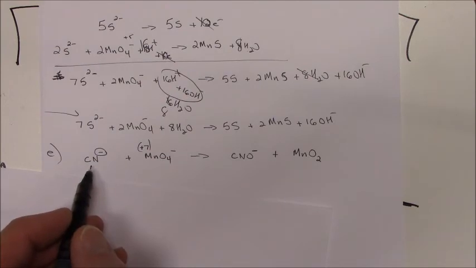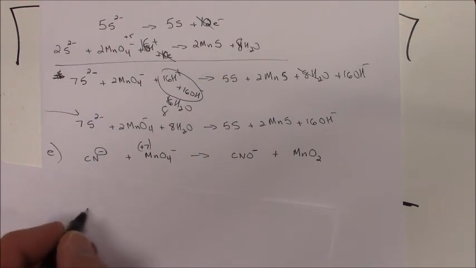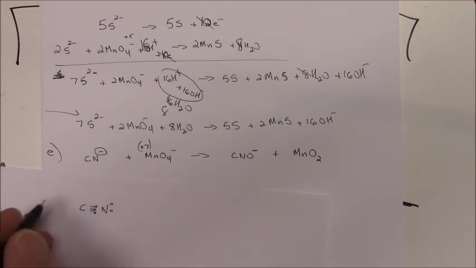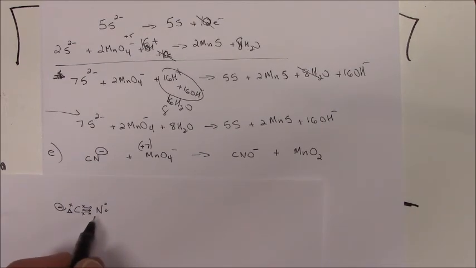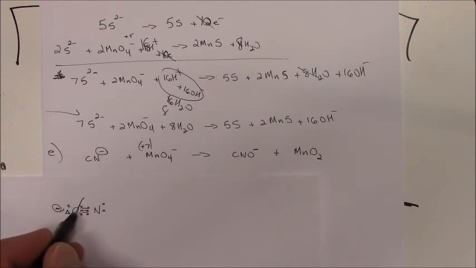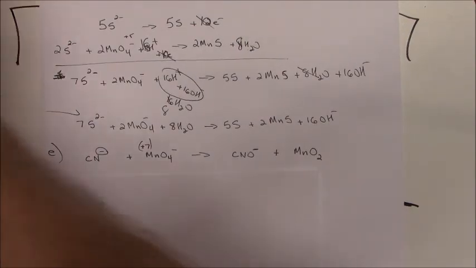You know what's interesting? The cyanide, I already know, looks like that. So what's interesting here is nitrogen, I believe, is a little more electronegative, is it not?